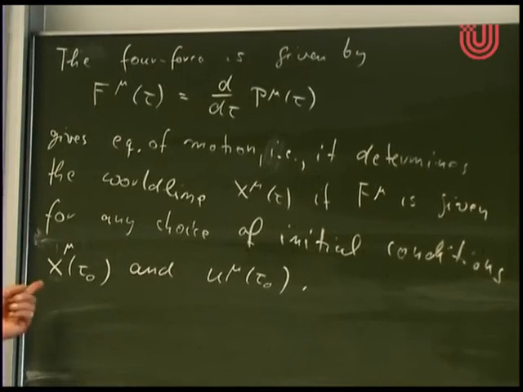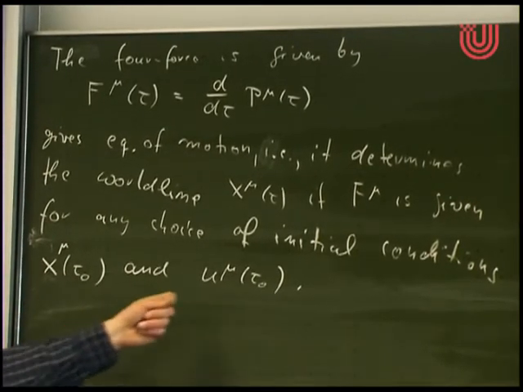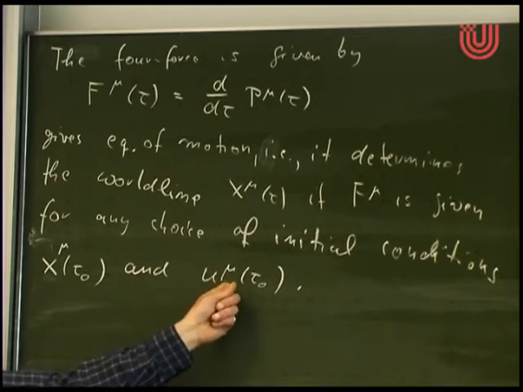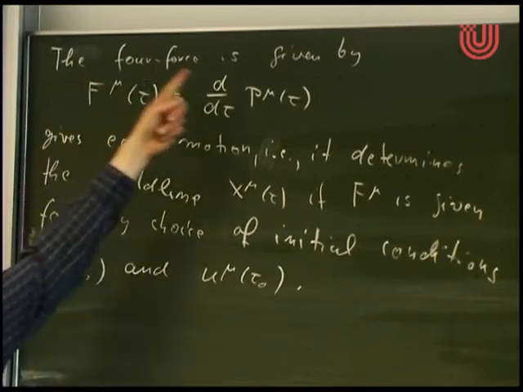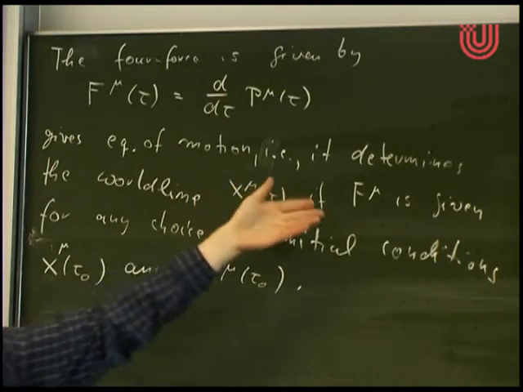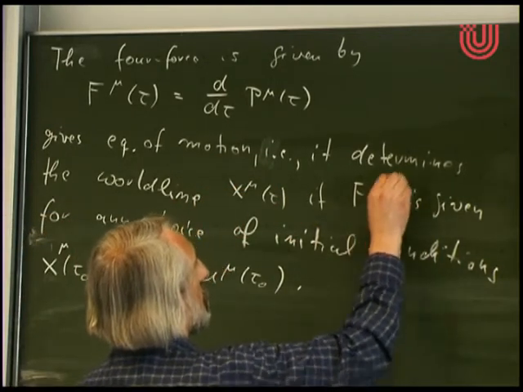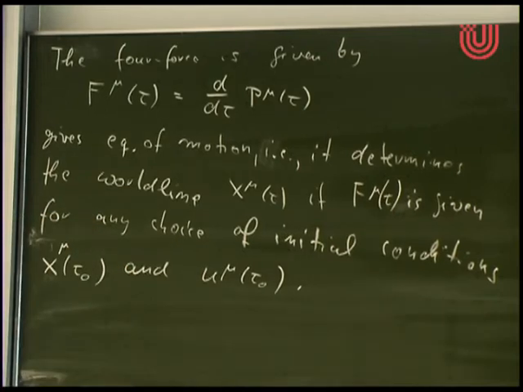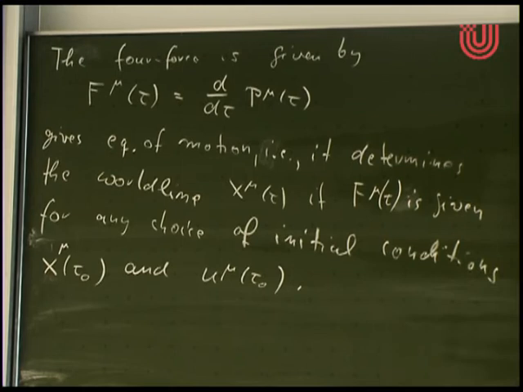So if you tell me where the particle is, where in space-time at proper time tau naught, and what the tangent vector, the four-velocity, is at this point, then this gives me a differential equation which has a unique solution for any given f mu. Of course, it is also a function of tau. Okay, and we will calculate equations of this sort later.